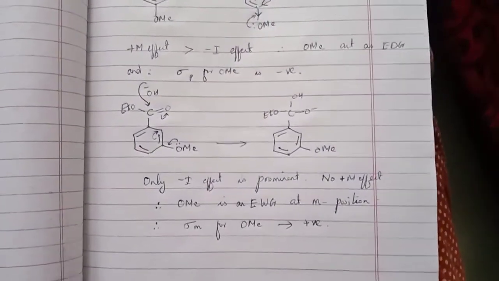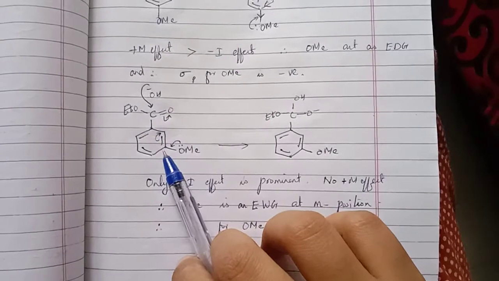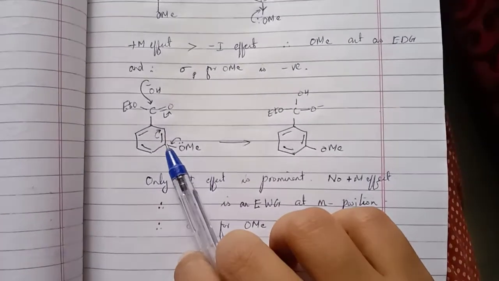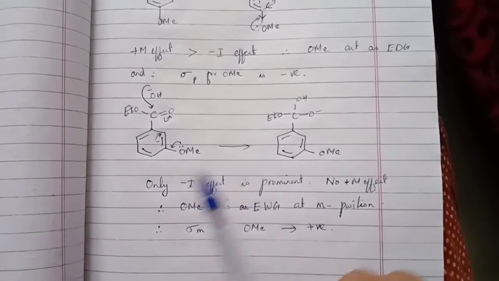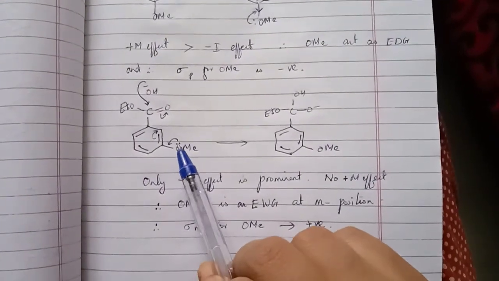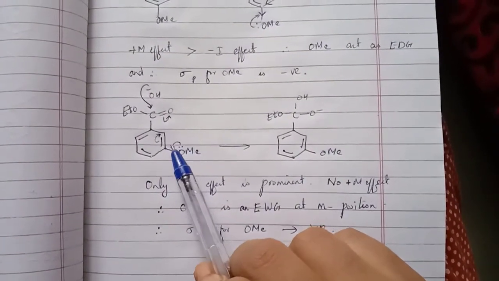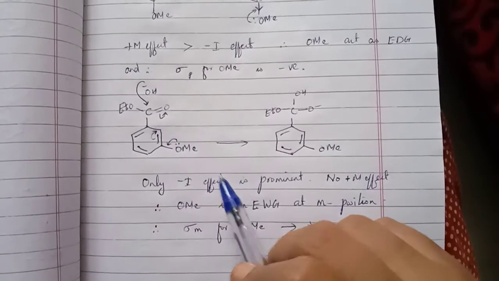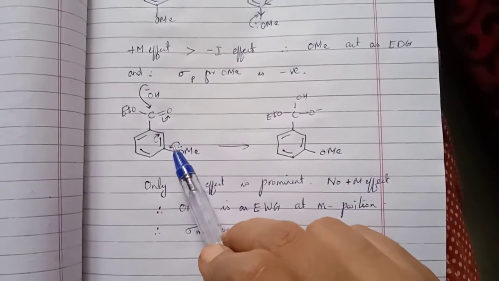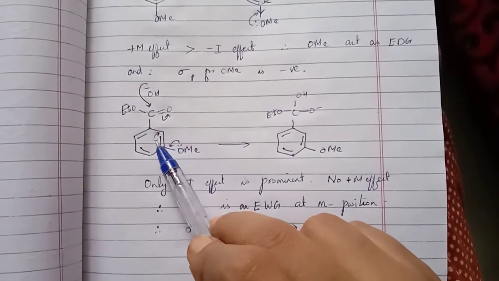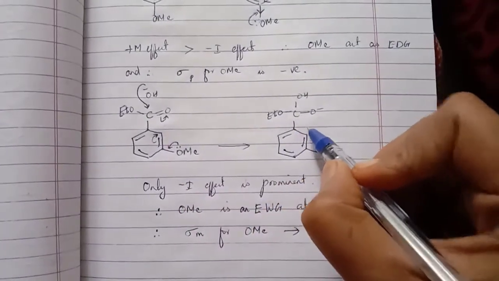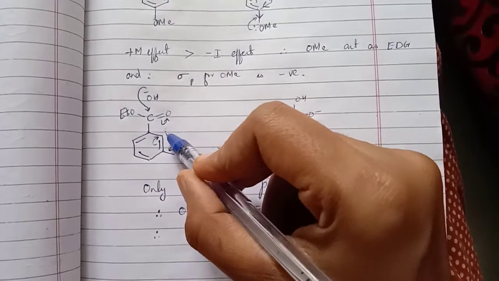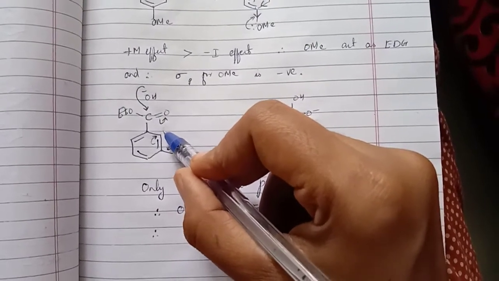Now we consider OMe at the meta position. This is the tetrahedral intermediate. First we consider the plus M effect. So it will be like this. This carbon will have a negative charge after the bond shift.